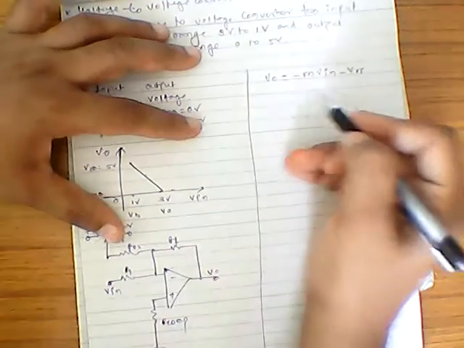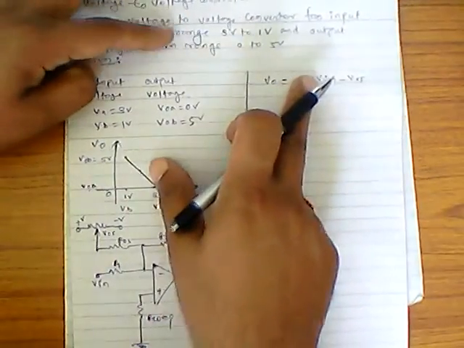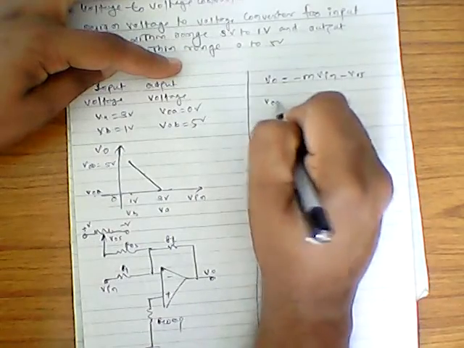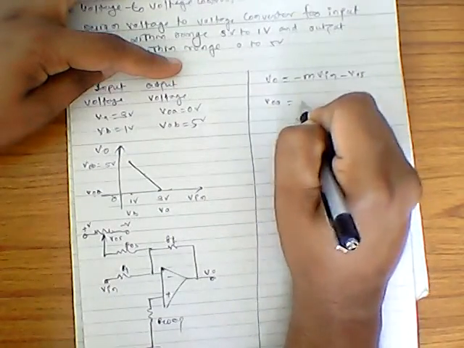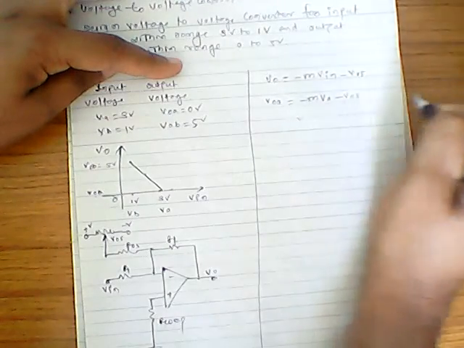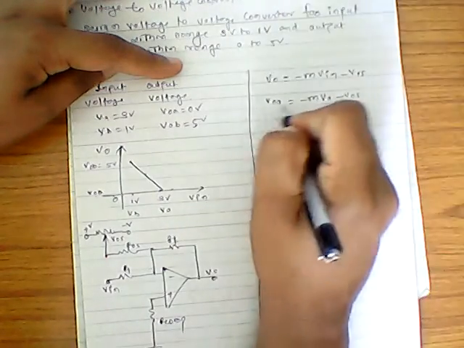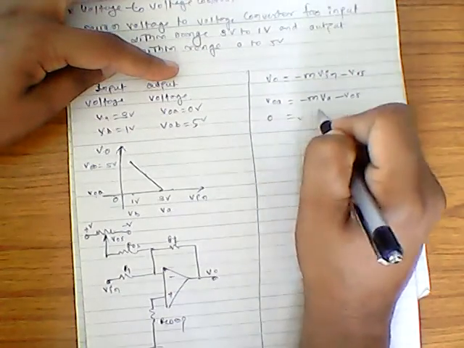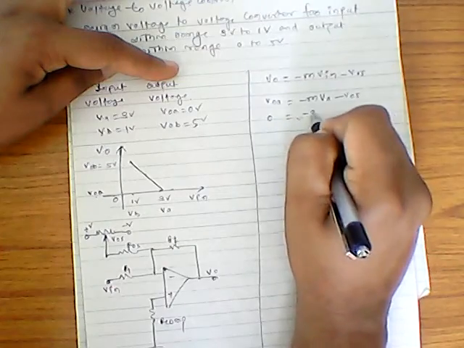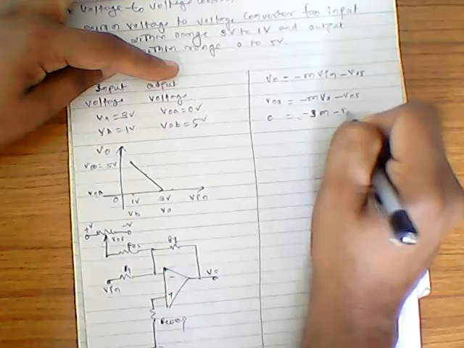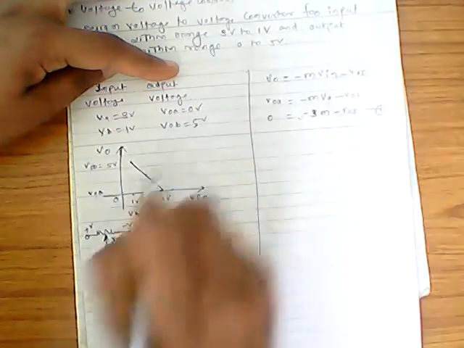Okay, so start with putting these values in this equation. Let us start with first one. Let us say VOA is equal to minus M into VA minus VOS. So put the values. VOA is equal to 0 is equal to minus 3 M minus VOS. This is, let us say, equation 2.